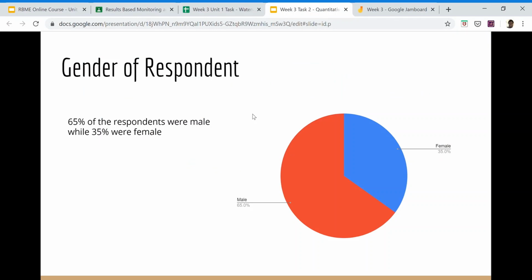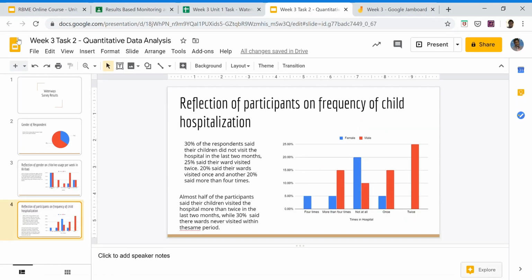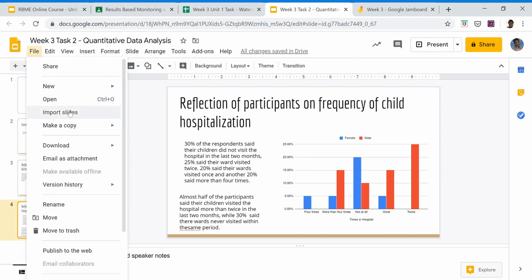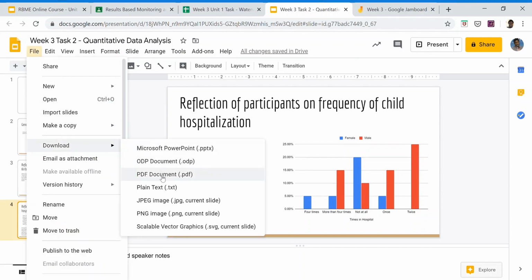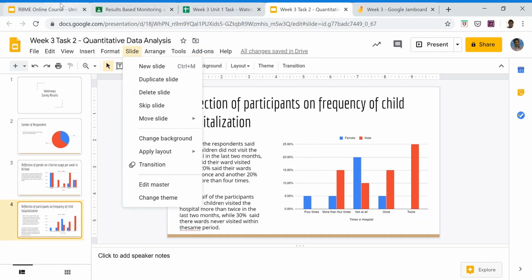Yeah, you can download this as a PDF file, download as a PDF, then upload, turn it in inside the classroom, and that will be it for the task for Unit 2.